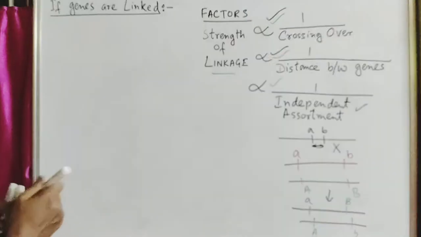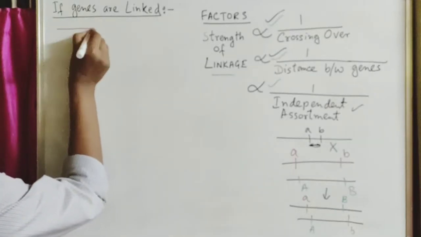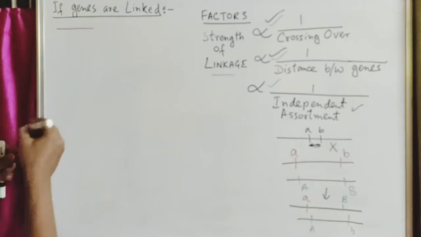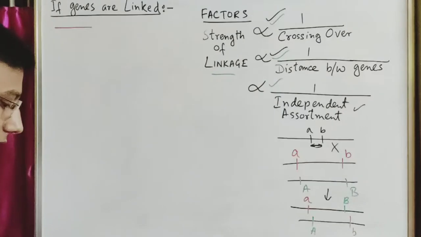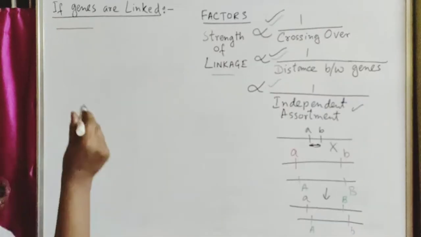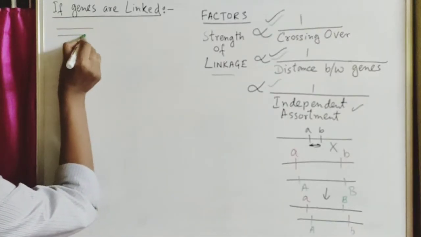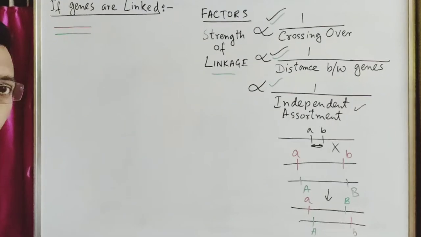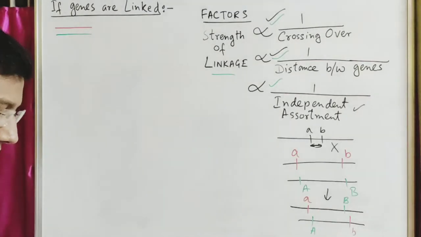Like here is one parent which is having two types of chromosomes. They are actually heterozygotes.